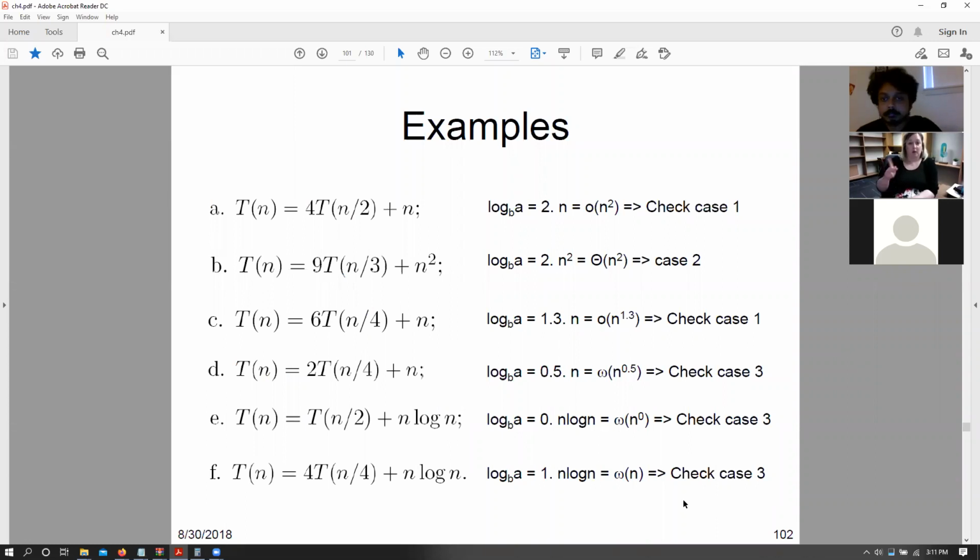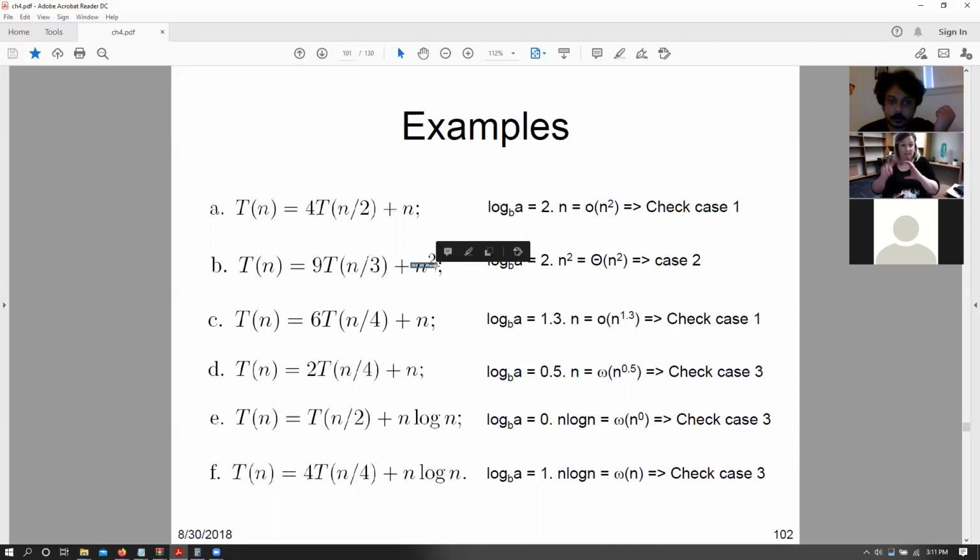Now, with respect to those, we can basically check different equations here. So here we have our merging function as n. Log base b of a is 2, so we can say that n is dominated by n squared, and since it's big O of n squared, we can check case 1.